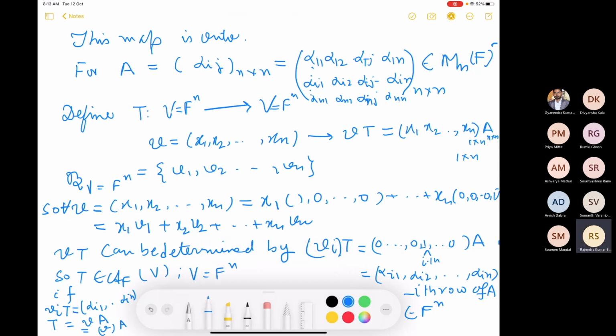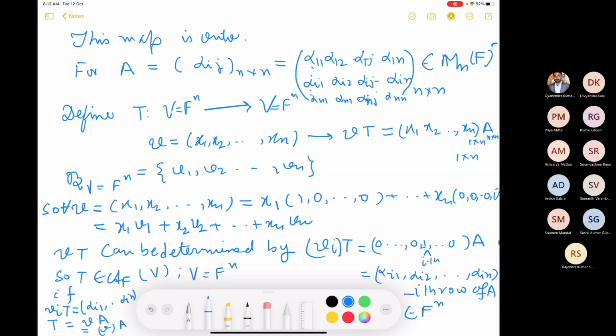So this we had already done. That sets up a one-to-one correspondence between the algebra of linear transformations over a vector space V of dimension n, and the dimension of this algebra is n square. This algebra is associative and contains identity also.